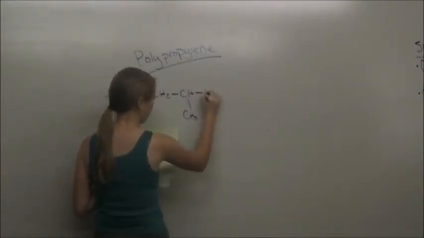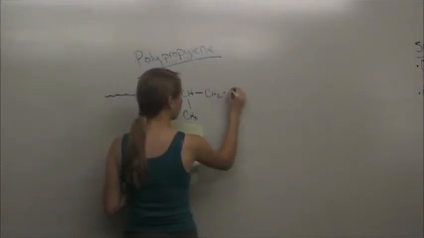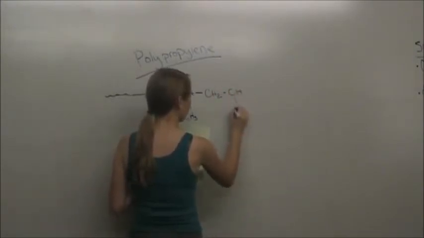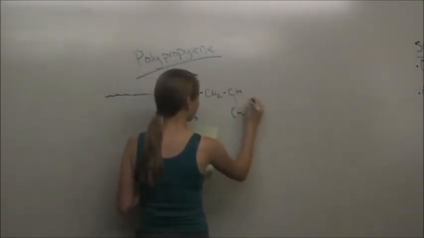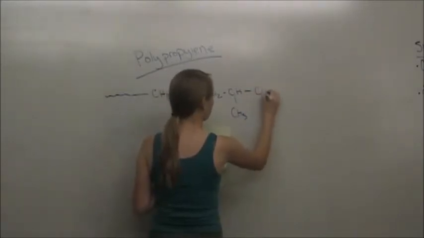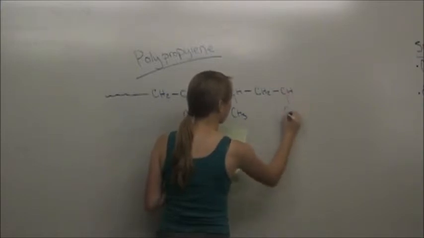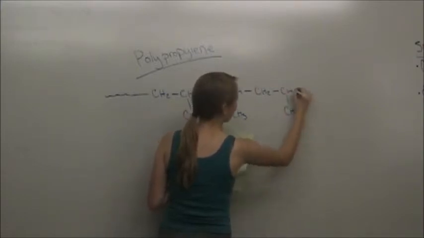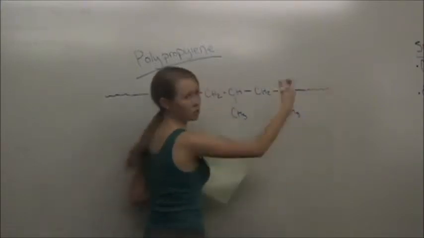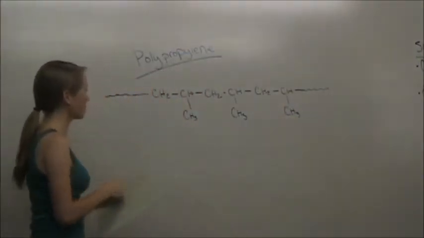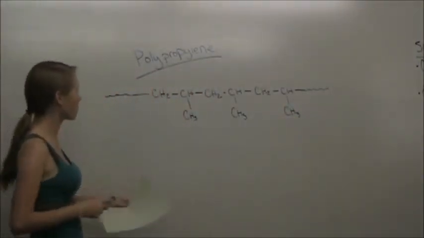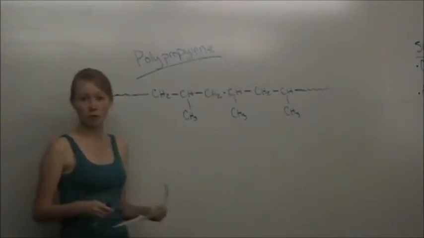Keep going. CH2, CH, CH3. Do one more. CH2, CH, CH3, line, and squiggly to show that it keeps on going. So this is just an example of the chemical structure of a polymer.